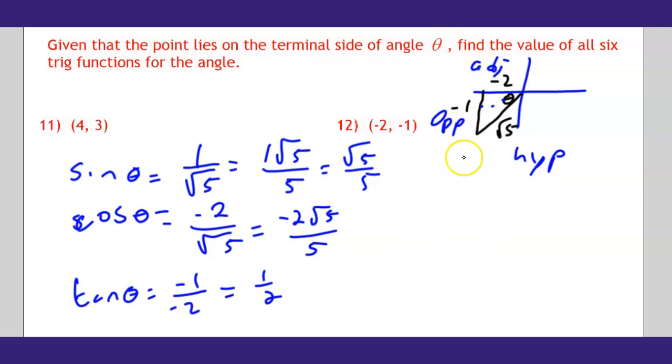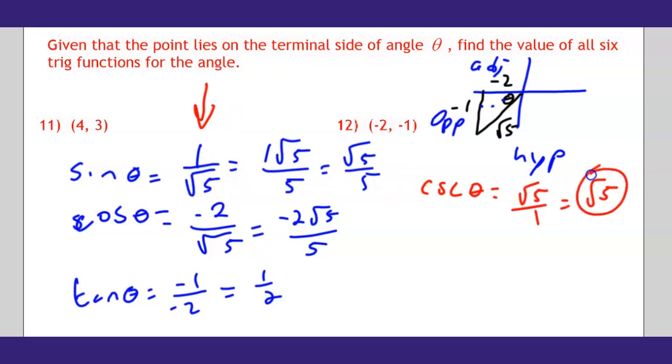Cosecant of theta. That's the inverse. Look at the originals. When you have radicals, look at the originals, and that'll make your life easier. So flip this. Square root of 5 over 1. Square root of 5. Secant, the inverse of cosine.